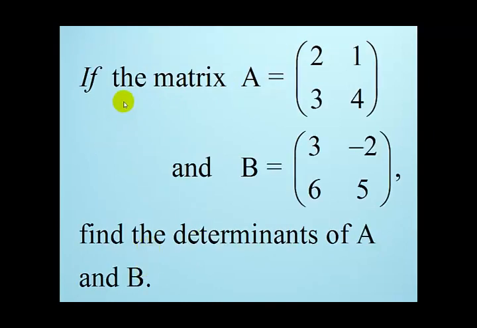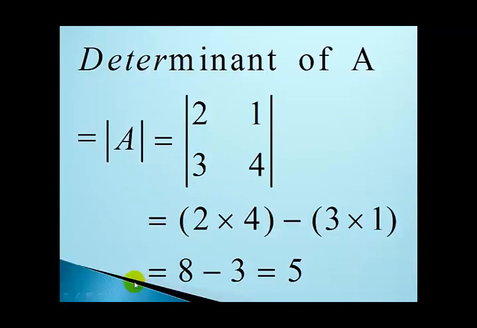Now let's look at this example. If the matrix A equals [2, 1; 3, 4] and B equals [3, -2; 6, 5], find the determinant of A and B. Determinant of A is equal to, that is the representation of determinant, don't forget.